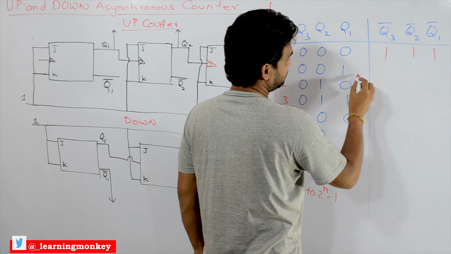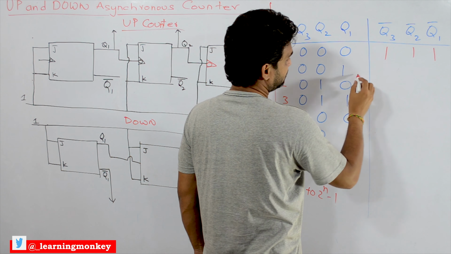And the output when the Q1, Q2, Q3 values are 1, 0, 0, the output is going to be 1, 1, 0. This is going to be 1, 0, 1. And this one is going to be 1, 0, 0. And this one is 0, 1, 1.